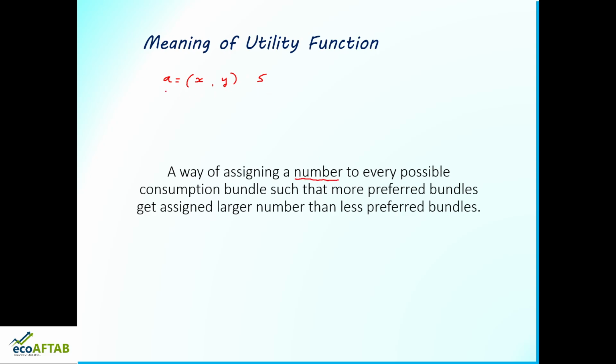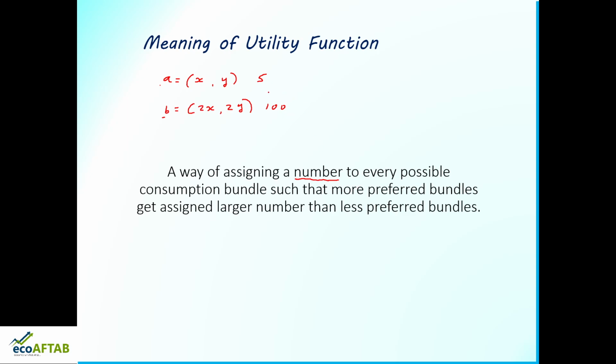But this combination in itself will not tell us much. If I take another combination, let us say bundle B, which is 2x and 2y, and I give a number to this combination, let us say 100, it simply means that I as a consumer prefer bundle B to bundle A. This is my preference: assigning a number to every possible bundle and giving a larger number to more preferred bundles.